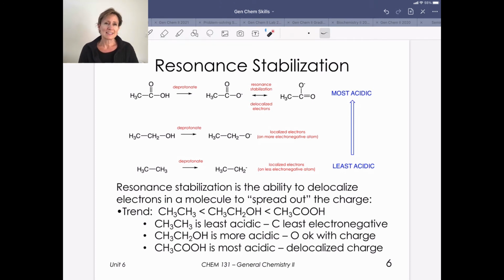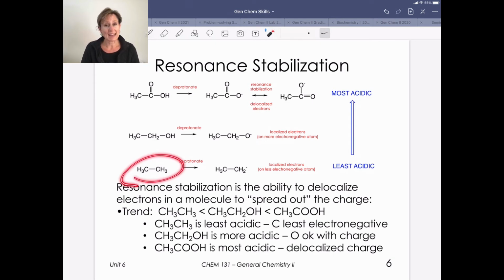So let's look at a series here with ethane, ethanol, an alcohol, and then acetic acid, a carboxylic acid. We've already learned that carboxylic acids are really good acids, but now we're going to explain why it's so much better of an acid than, say, ethanol and then ethane.